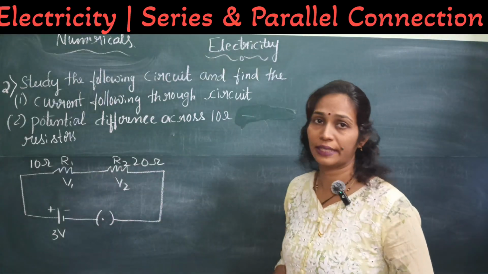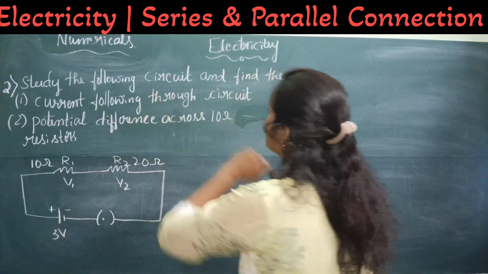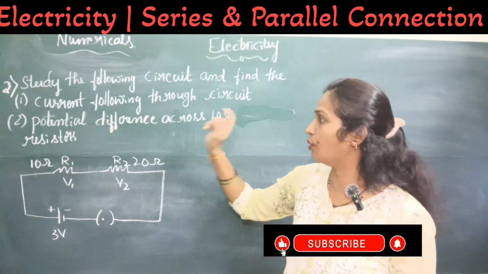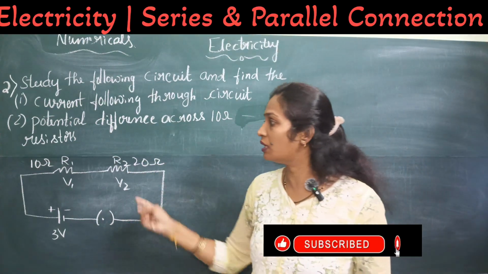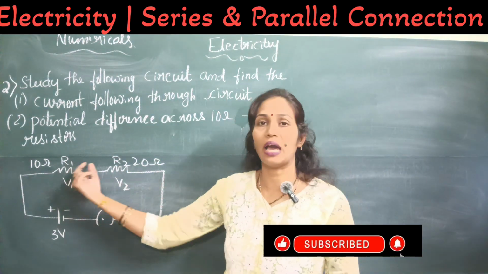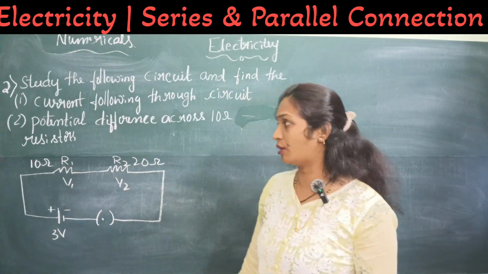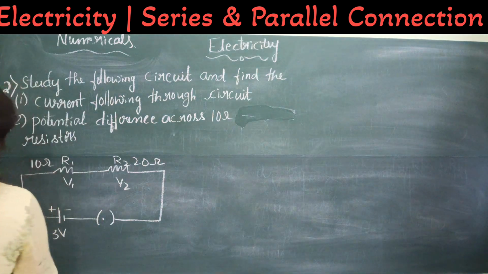Okay, let's move on to the next problem. What they had given: study the following circuit and find the current flowing through the circuit and the potential difference across 10 ohm. In the following circuit, they had given R1 and R2, guys. That is your resistance. And we need to calculate the current. What is the direction of the current, guys?